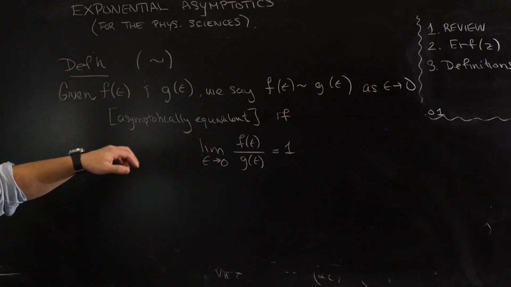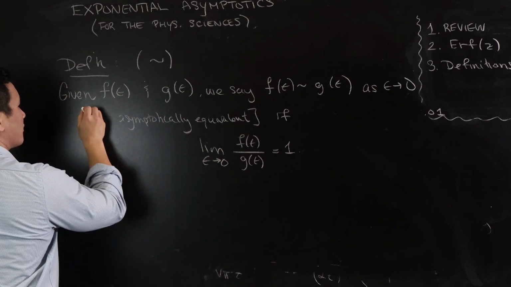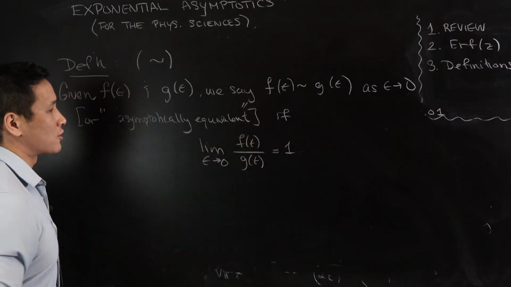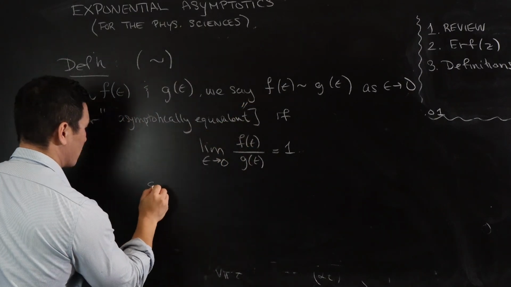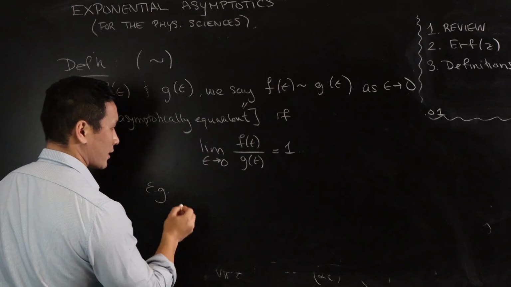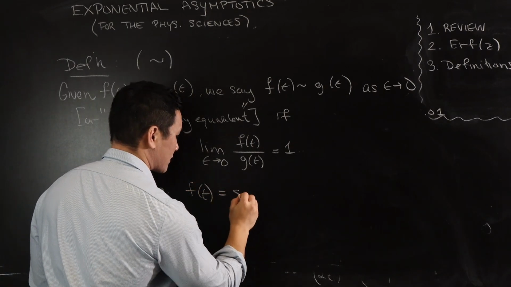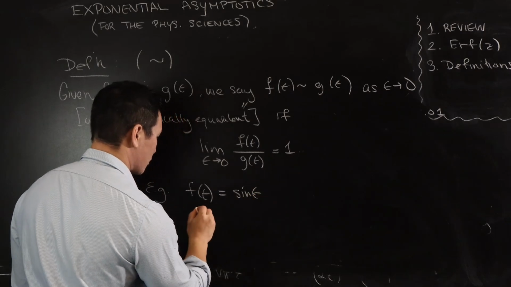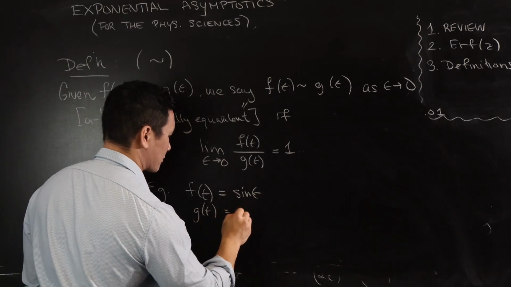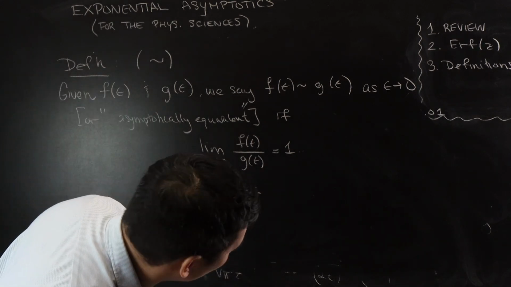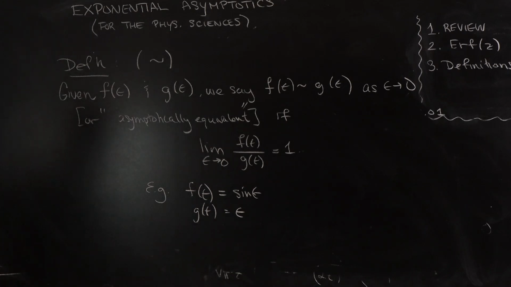We say it's asymptotically equivalent if this is true. So as an example, take f of epsilon to be sine epsilon, and take g of epsilon to be epsilon, say. They both look like a line of gradient 1 as epsilon tends to 0. Okay, so that's what we mean by twiddles.